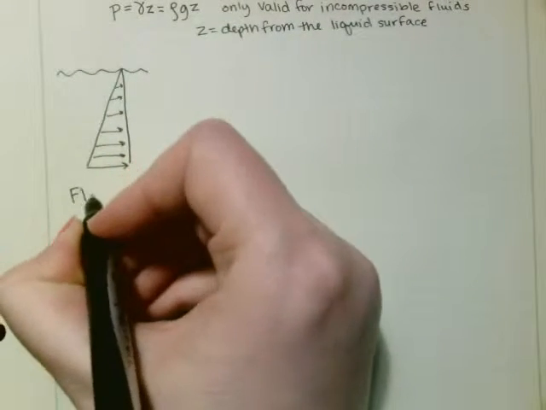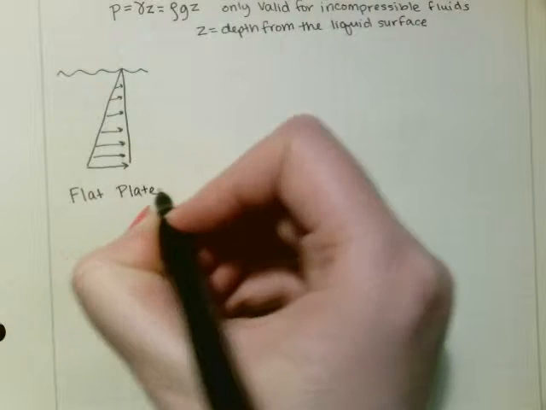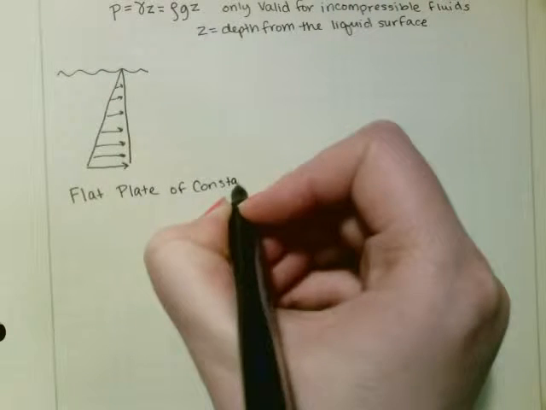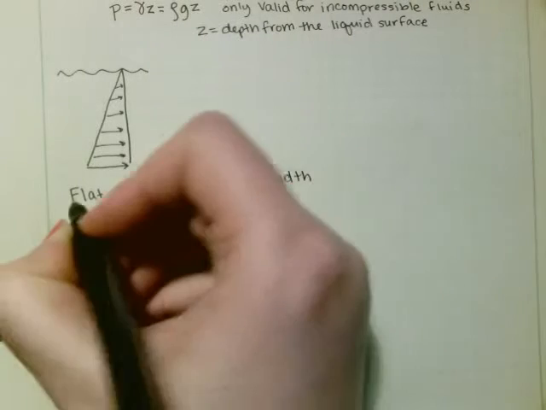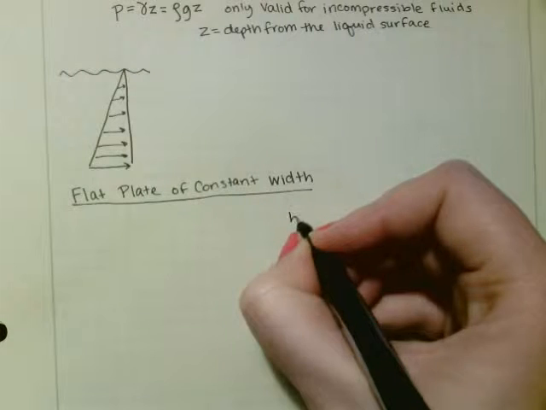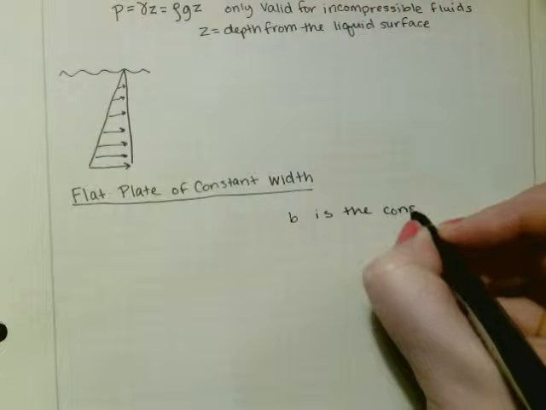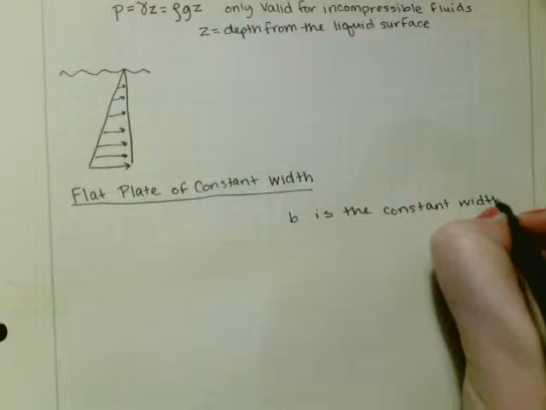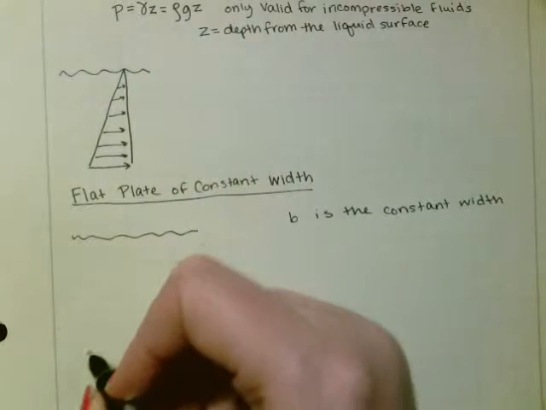So if we had a flat plate of constant width, and we're going to say B is the constant width, then we can draw our flat plate under the surface of the water.